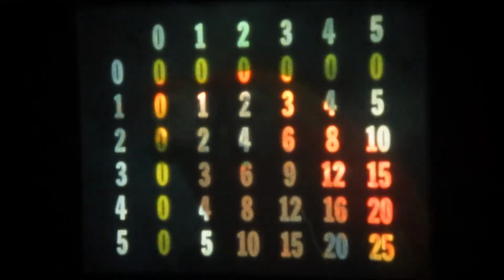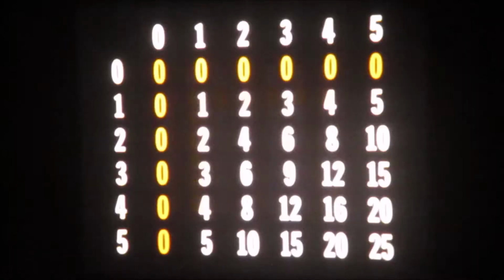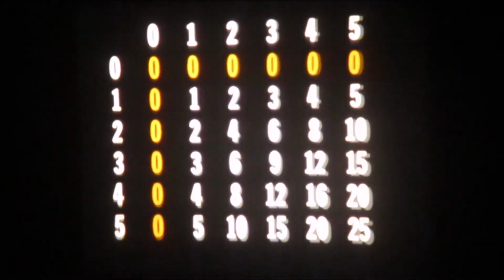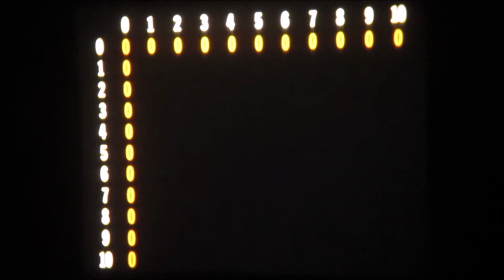Perhaps now we'd better look at the rest of the multiplication table. Do you know the table to tens? Do you know 1 times 10?